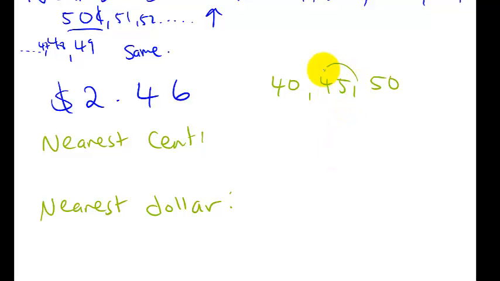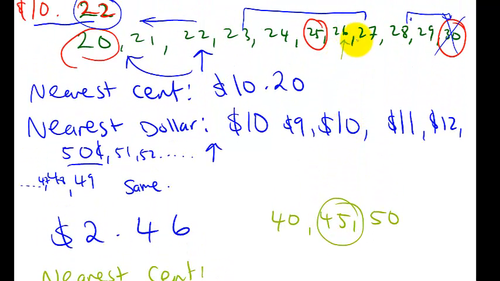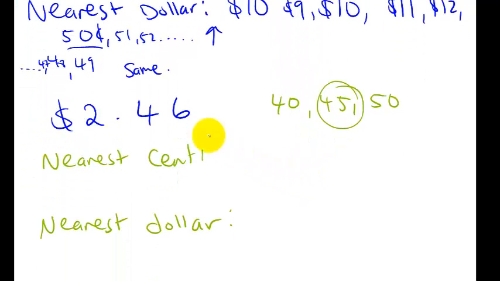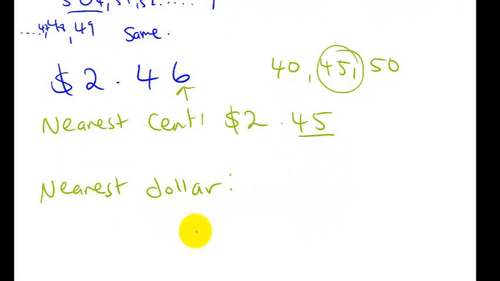It's closer to 45. As we said here, if it ends in a 6, 7, 4 or 3, it's going to be a 5 at the end of it. So to the nearest cent, it's $2.45.